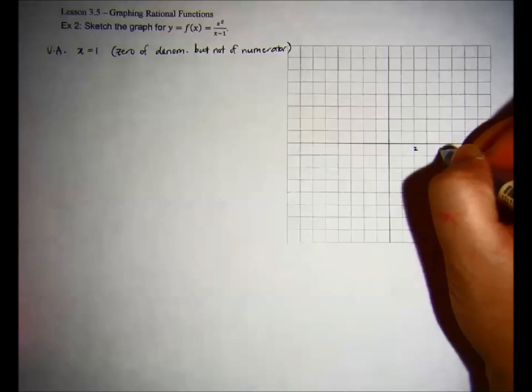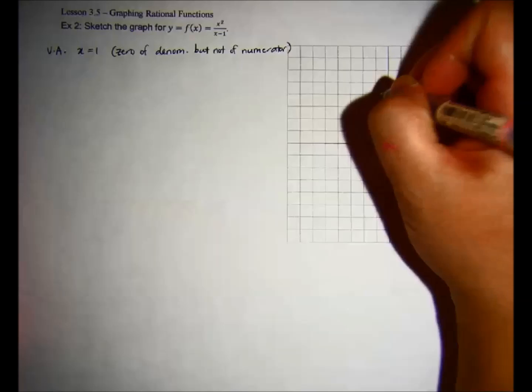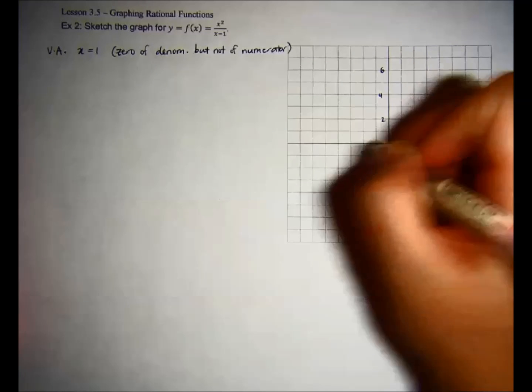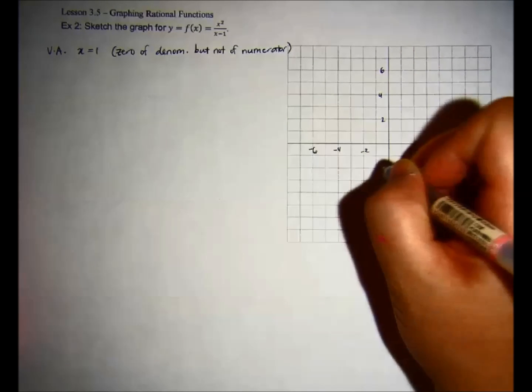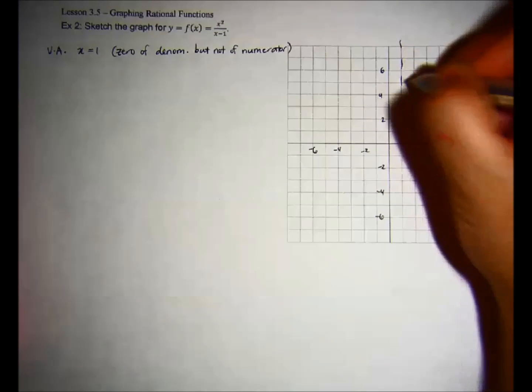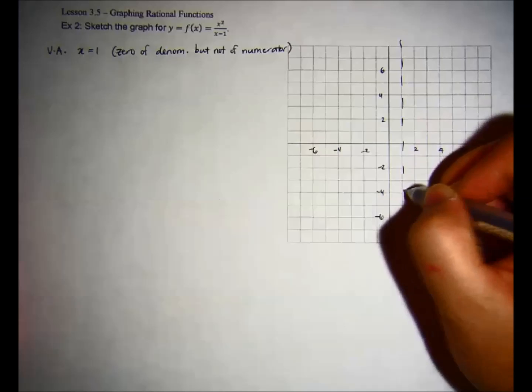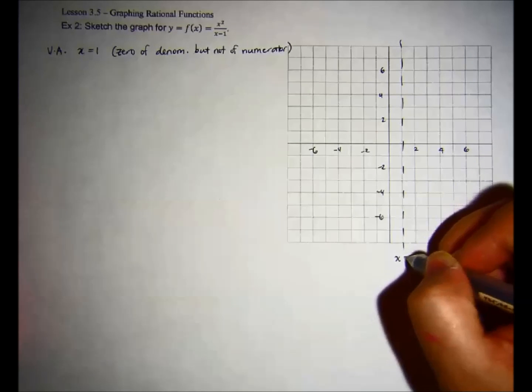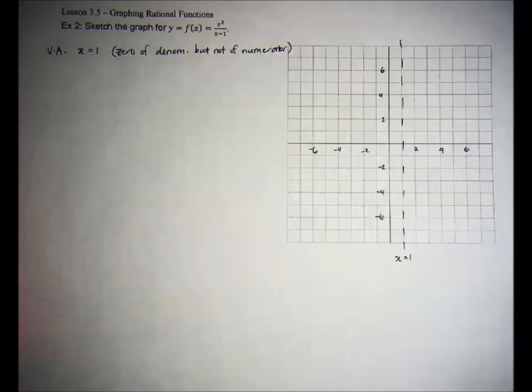So let's get started right away, plotting some features. Okay, so there's my vertical asymptote.